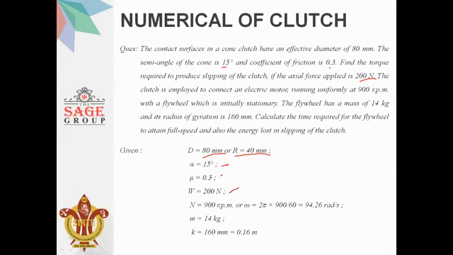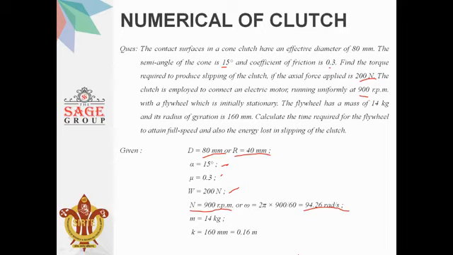Now the clutch employed to connect electric motor running uniformly at 900 rpm. The speed given is 900 rpm. So we will find here the angular velocity omega, which is equal to 2 pi n upon 60. So omega will be 2 pi into 900 divided by 60, which will be equal to 94.26 radians per second.